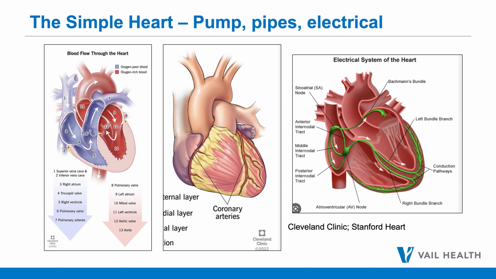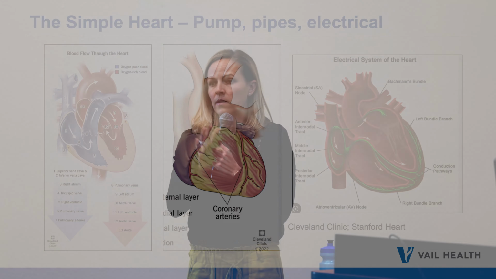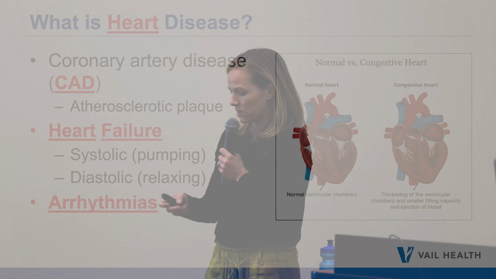And then that gets translated through the AV node, which translates what your heart thinks its heart rate should be to what it actually is, because that's what triggers the pump to contract, to squeeze. So if you just break it down, it's just a pump with plumbing and an electrical system.